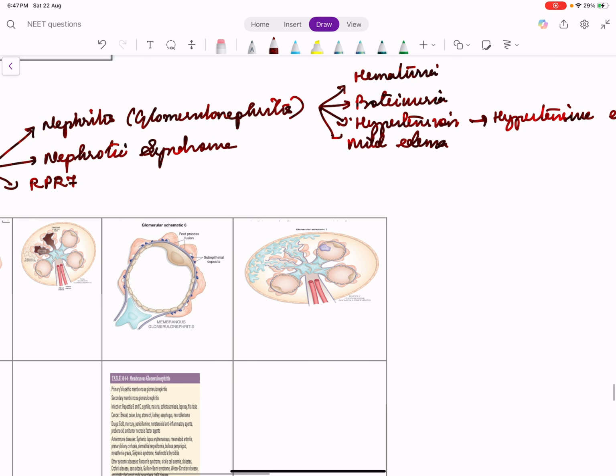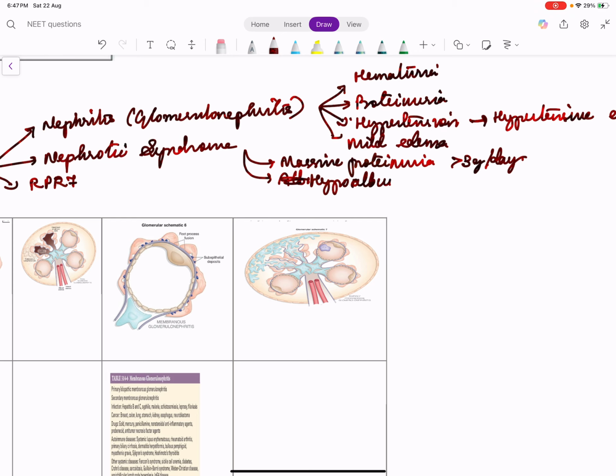Okay. Nephrotic syndrome is a prototype where there is no hematuria, but there is massive proteinuria. Massive proteinuria will be more than 3 grams per day. So when more protein is excreted, what will happen to the blood albumin level? Hypoalbuminemia. So massive proteinuria, hypoalbuminemia.